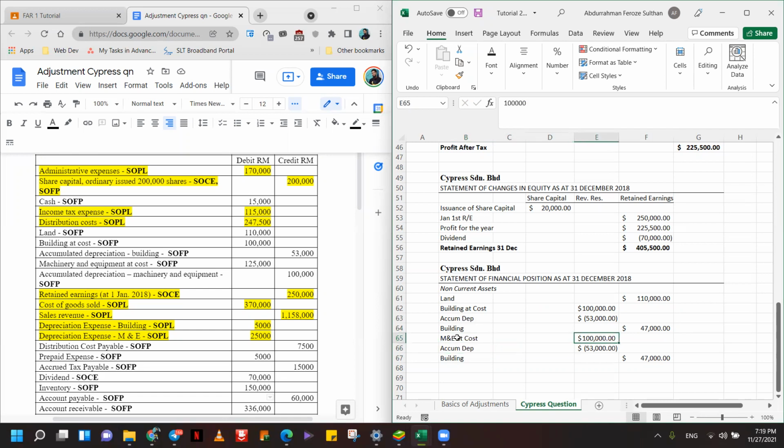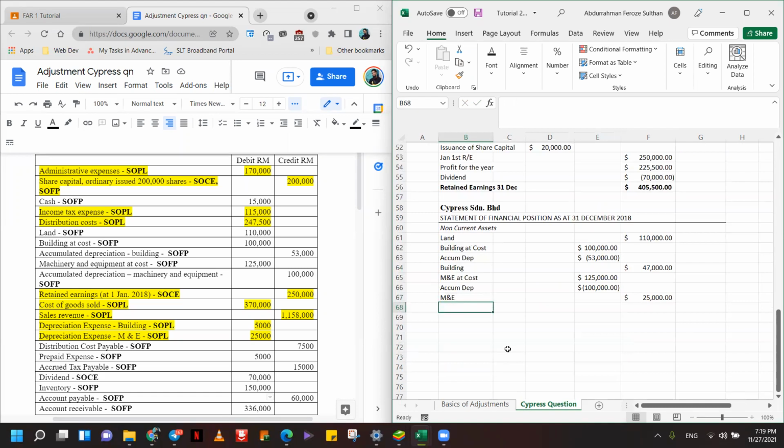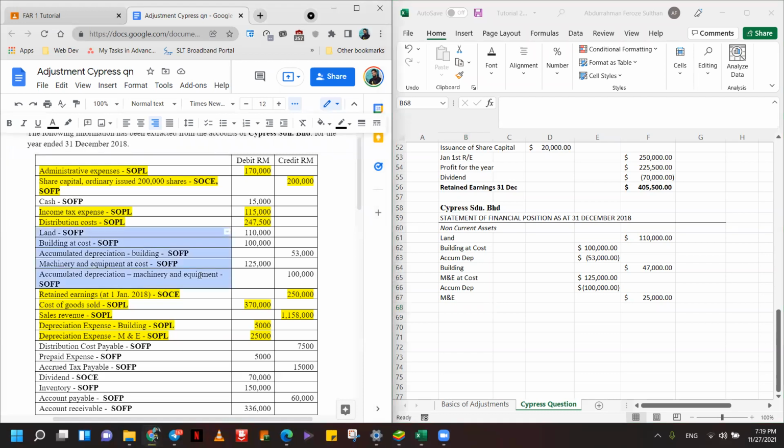How much is the M and E at cost? 125,000, correct? And then the depreciation is 100,000. Okay, is that clear? How we got that? Yes. All right, that's great.